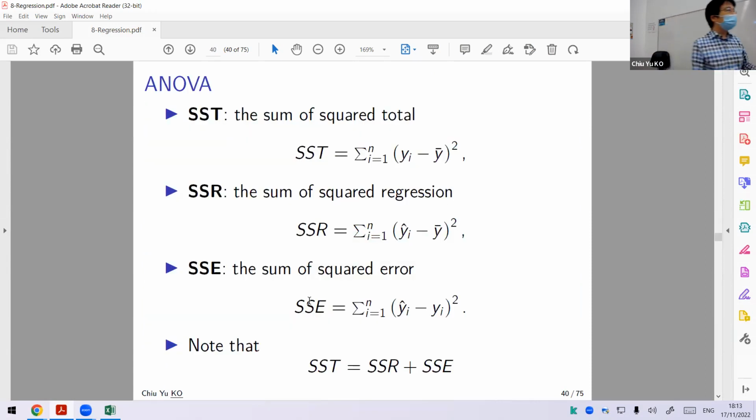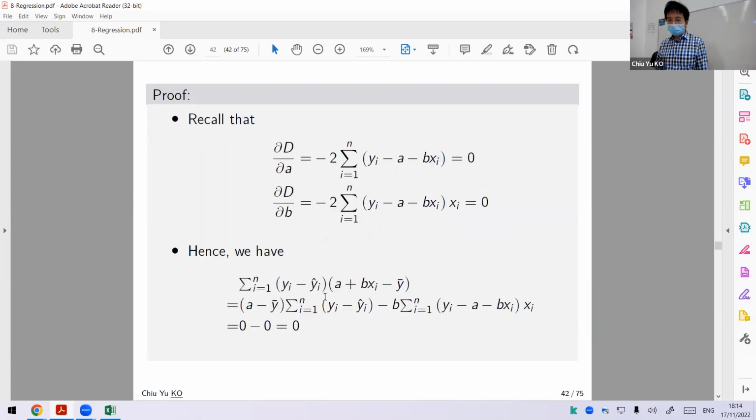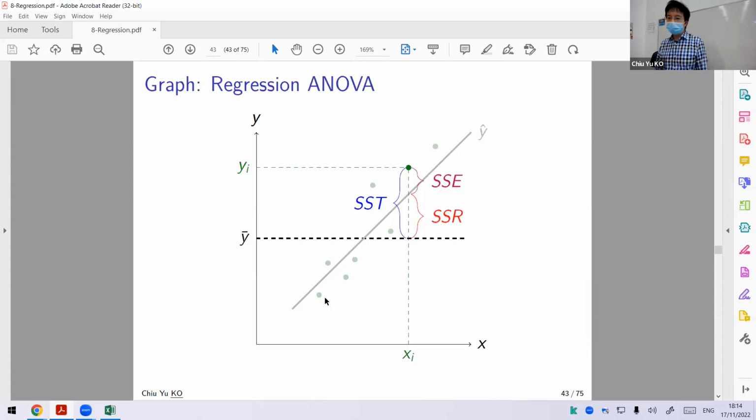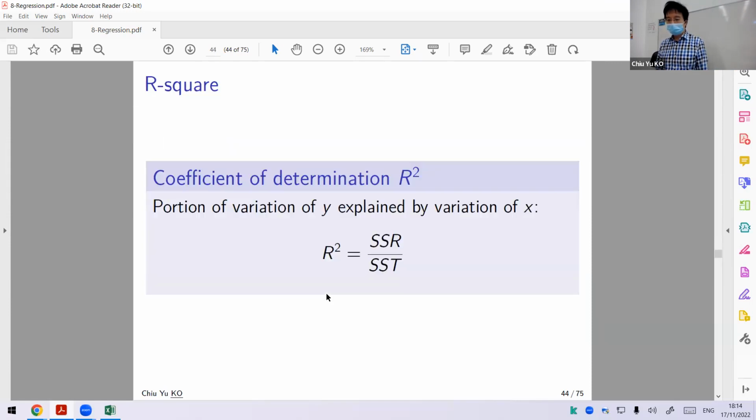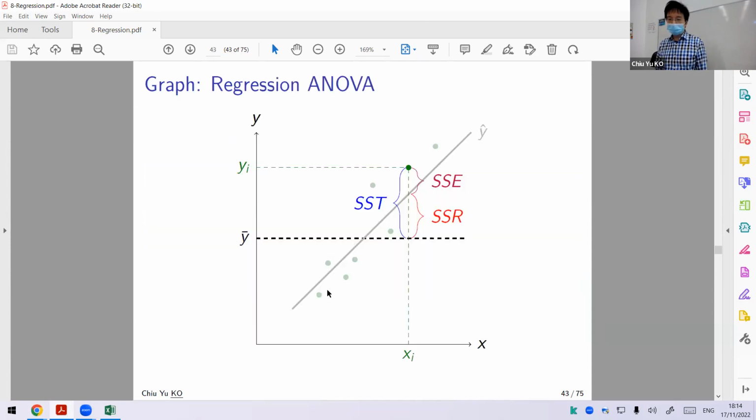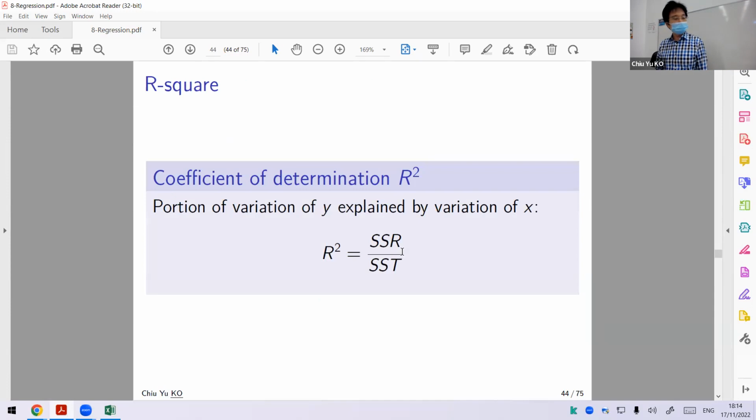The next thing we will do is ANOVA. ANOVA again turns out to be a similar idea. In this particular case, ANOVA relates to what we call R square, which we'll explain later, is how good this linear model is. We're not going into detail on this; we'll talk about it next class.